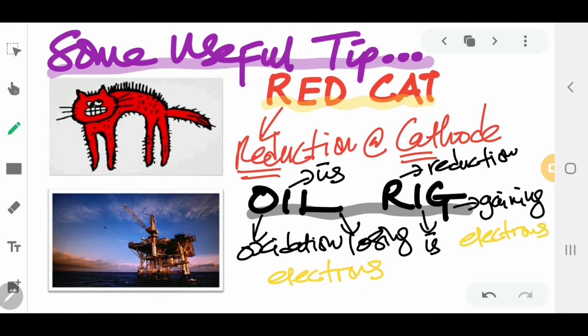That's how you're going to use these two mnemonic to help you to learn about the process in a galvanic cell. Oil rig, oxidation is losing electrons. Reduction is gaining electrons. Red cats, reduction at cathode.